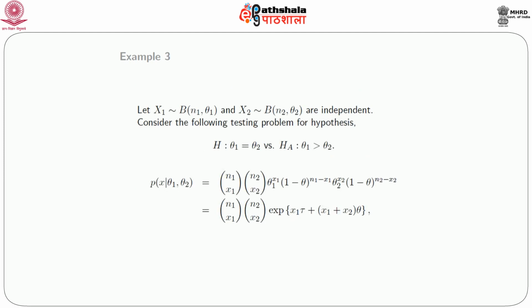Now we consider our third example. Let x1 follow binomial(n1, theta 1) and x2 follow binomial(n2, theta 2) independently. Consider the following testing problem for the hypothesis H: theta 1 equals theta 2 versus H_a: theta 1 greater than theta 2.